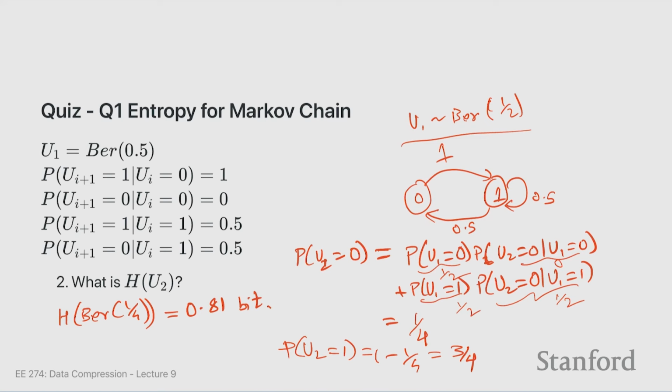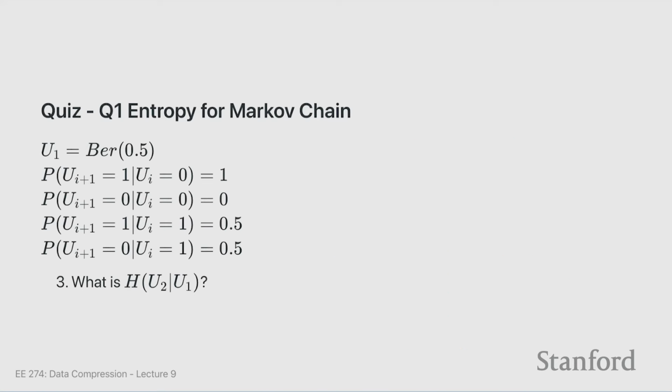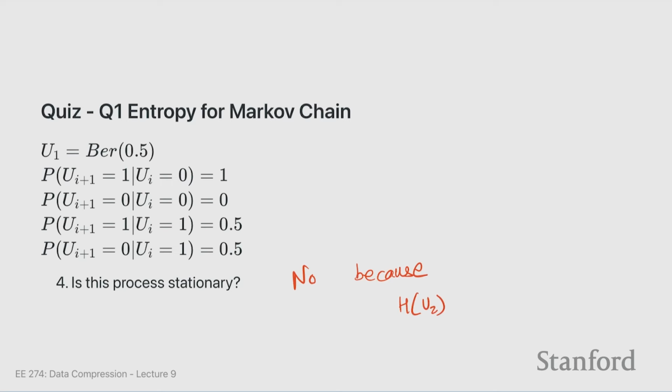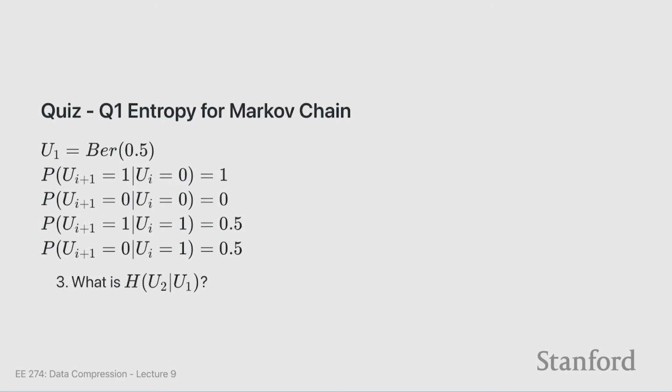A Markov chain is stationary if you start it at a stationary distribution, which was I think question 4. So this is no, because H(U2) is not equal to H(U1). Is that clear, that this is not stationary? Don't worry too much about it, this was just to make sure the concepts are clear.